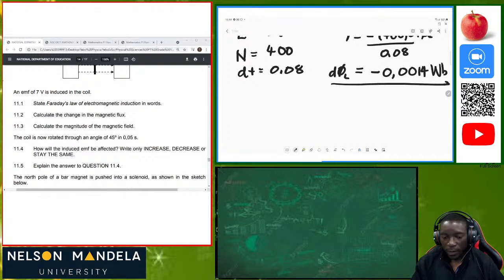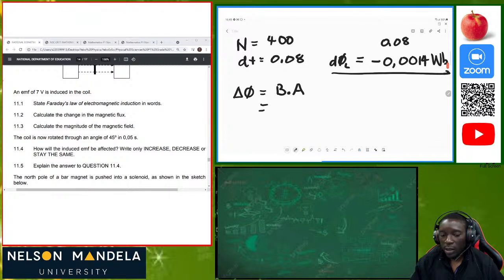So we have the change in flux, delta phi, should be equal to the field strength times the area, B dot A. This is a dot product, so we take the magnitude of B times the magnitude of A times cos of the swept angle. Let me call it delta theta.